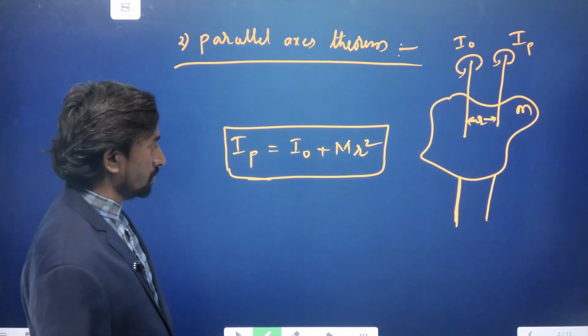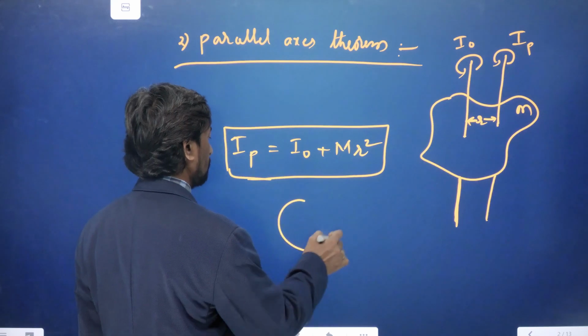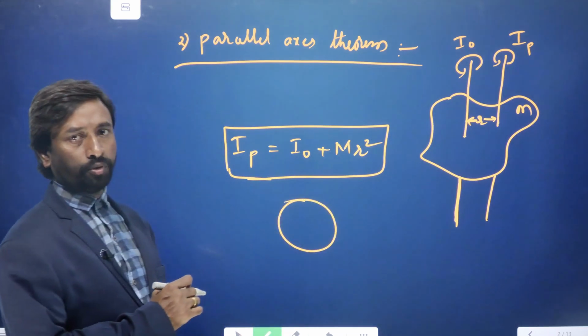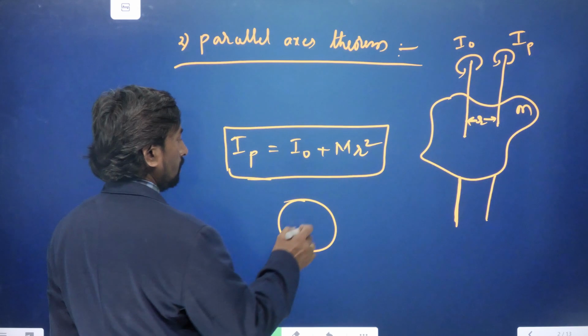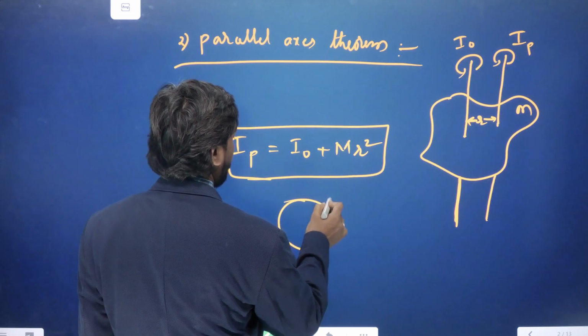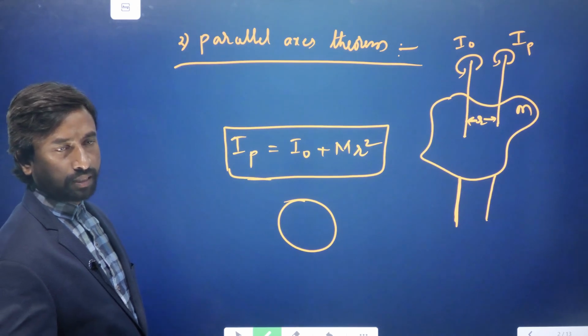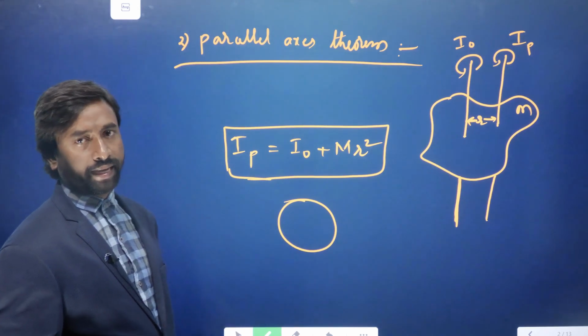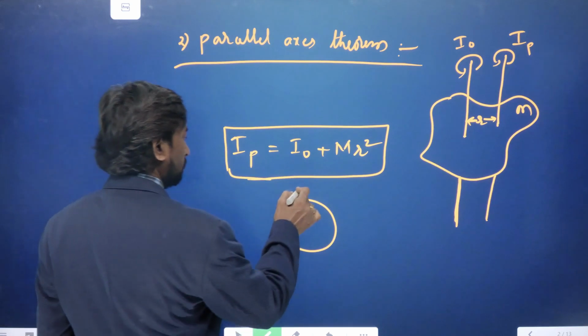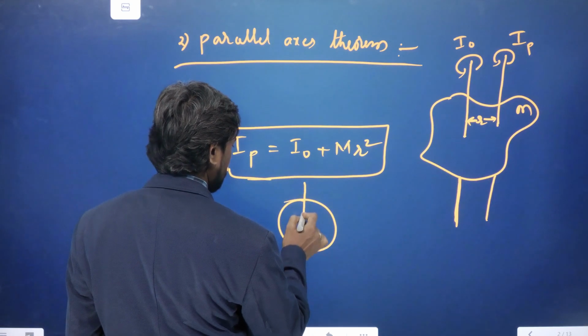Suppose you want to find out the moment of inertia of the ring about an axis which is parallel to the axis passing through the center and perpendicular to its plane.